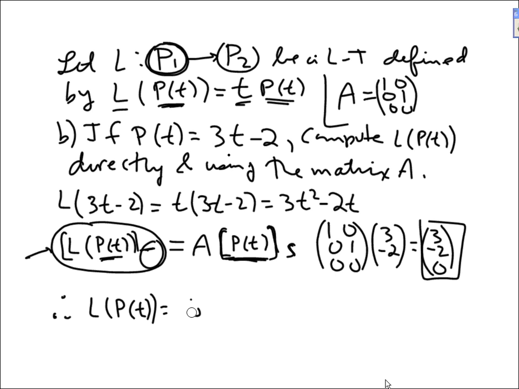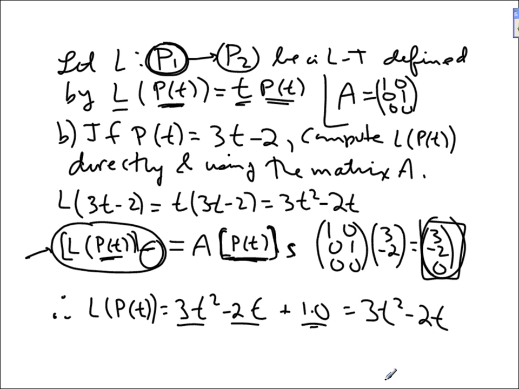The vectors in t were t squared, t, and 1. So we get 3, negative 2, and 0. We get 3t squared minus 2t plus 0, just 3t squared minus 2t, which is absolutely correct.